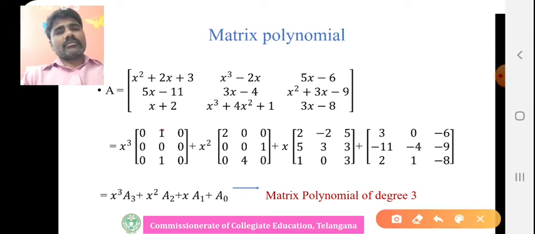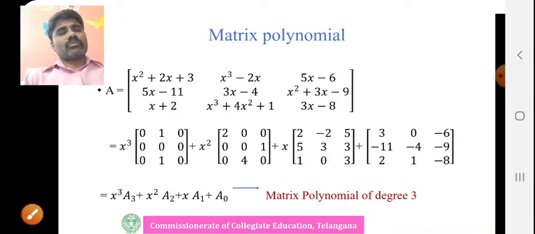In the third there is no x cube, so it is 0. Again there is x cube in the A32 element, that's why it is 1. Like that, collecting the x cube coefficients, we get a matrix. Similarly we get a matrix for x square, and again we collect the x coefficients.